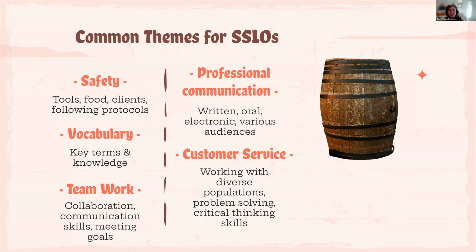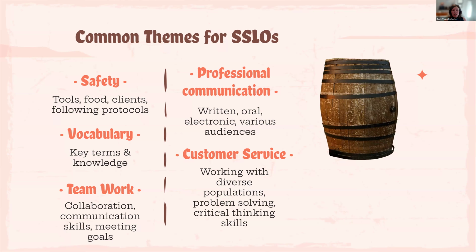So this first one is safety. Whether it is something related to construction or manufacturing, maybe there's tools that you're using on the job and students have to know how to use them safely. That's one way it could look.